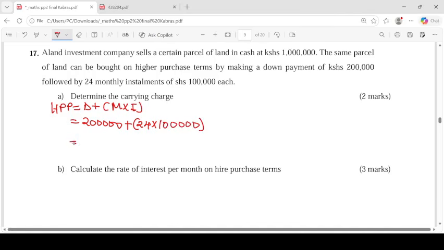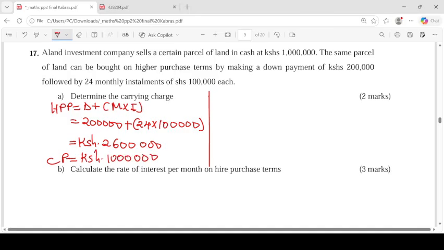When you compute this, you are going to get 2,600,000 shillings. So if you decide to buy it on hire purchase terms, you are going to pay a total of 2,600,000 shillings. But if you had bought it on cash price, remember from the question we were told that the cash price is 1 million shillings.